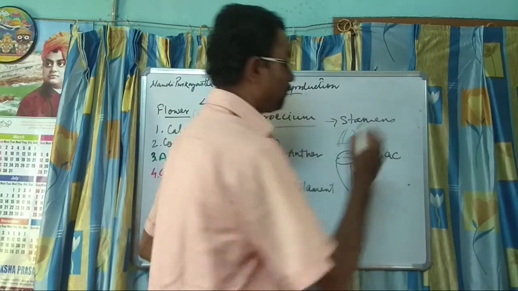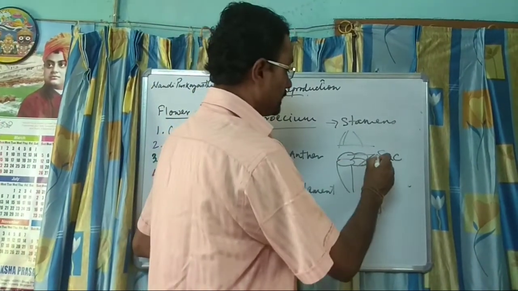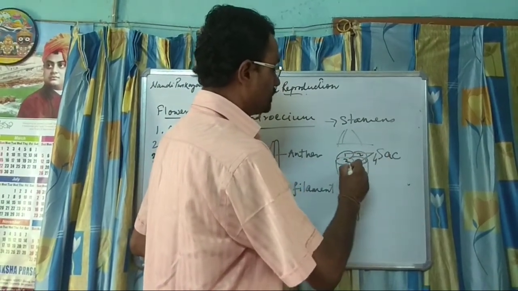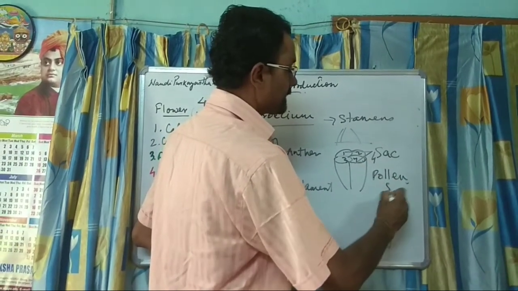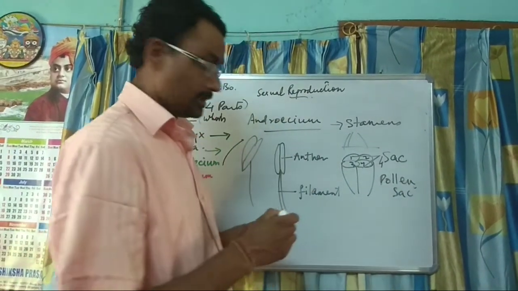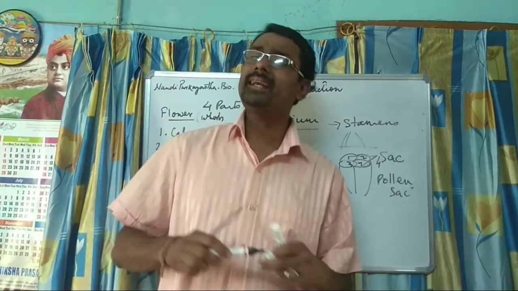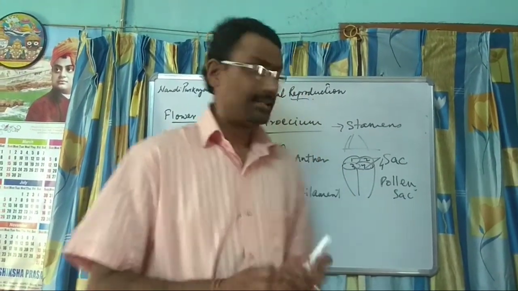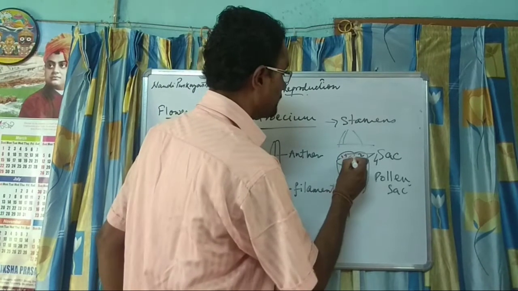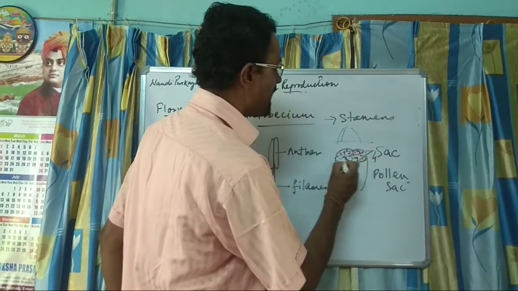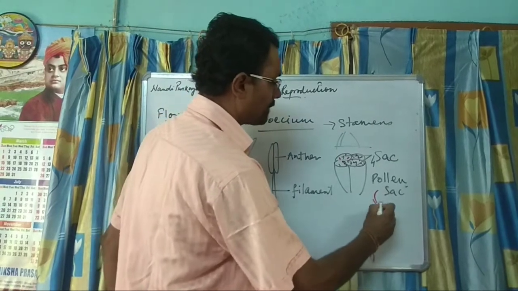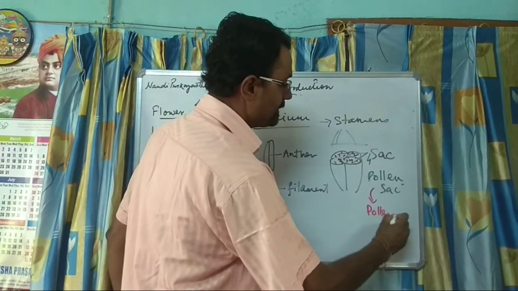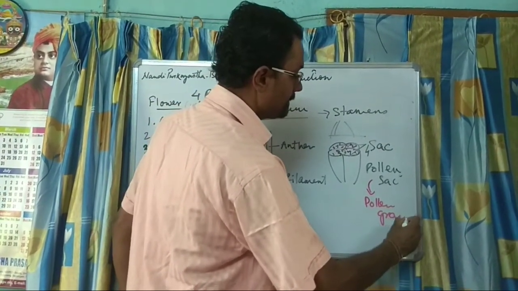How many sacs? Four sacs: 1, 2, 3, 4. They are called pollen sacs. A pollen sac has pollen grains in it. I am putting it in red. The number of pollen grains is uncountable.